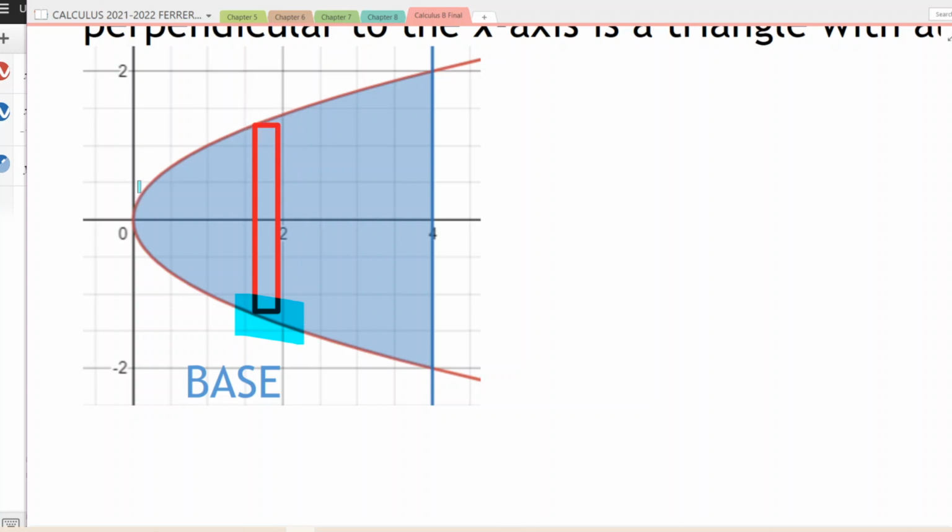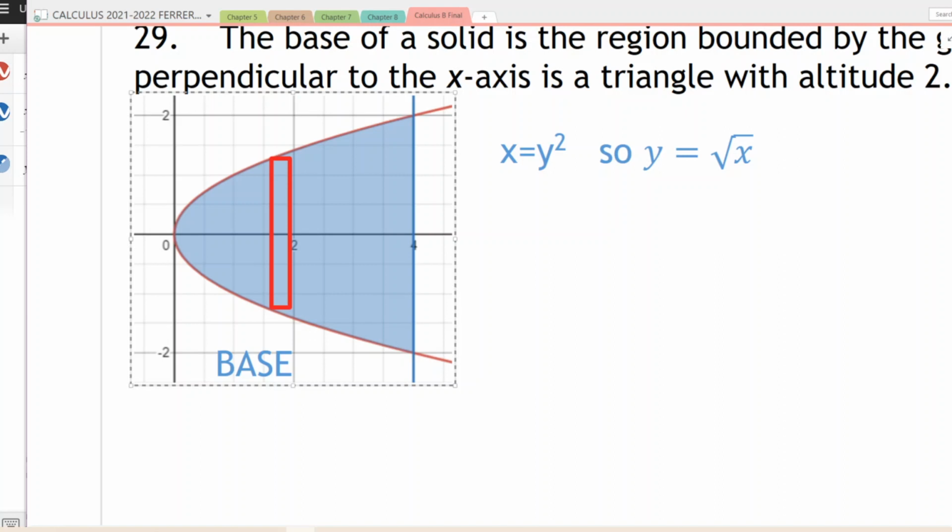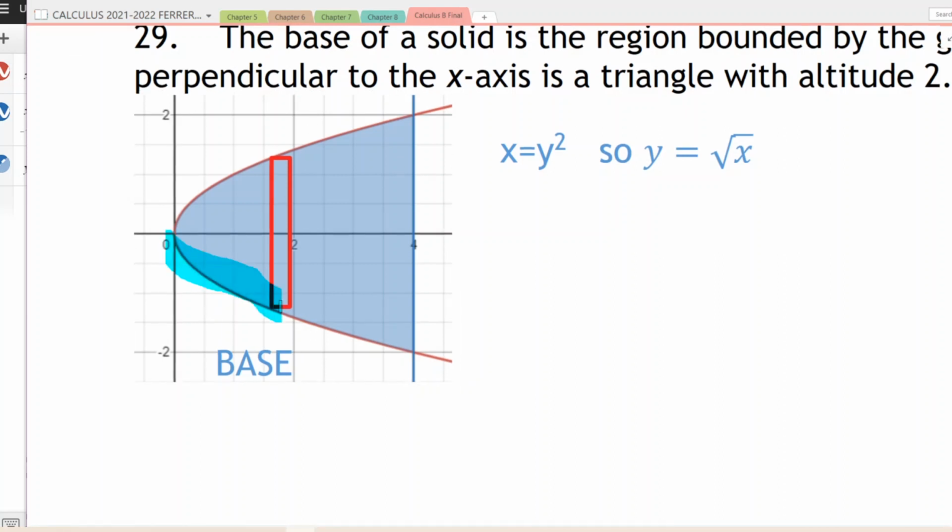The y coordinate here is on the upper half of the parabola, and up there, we know that y is equal to the square root of x. That's going to be our upper root. Now at the bottom over here, y is going to equal the negative square root of x.